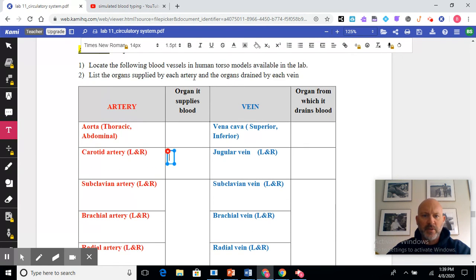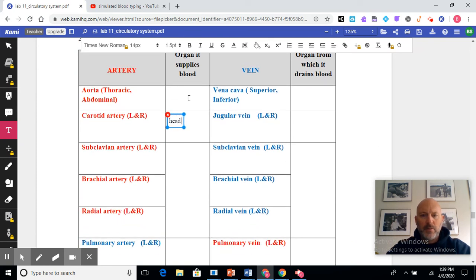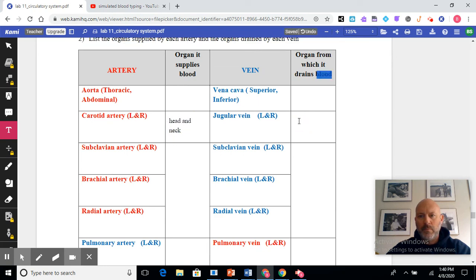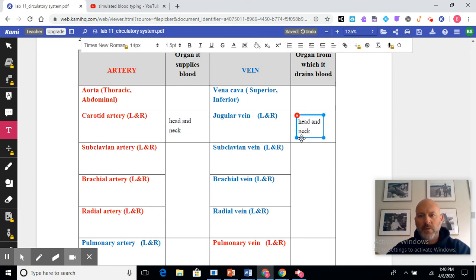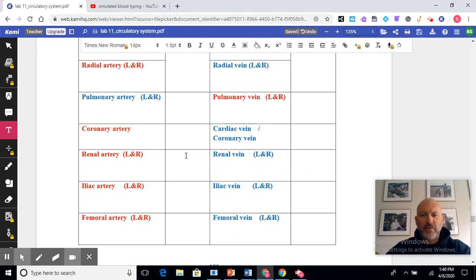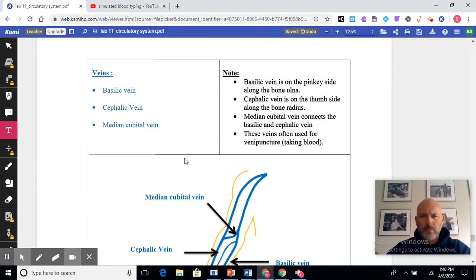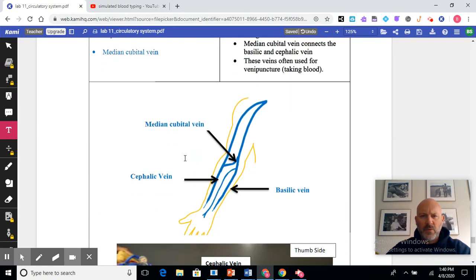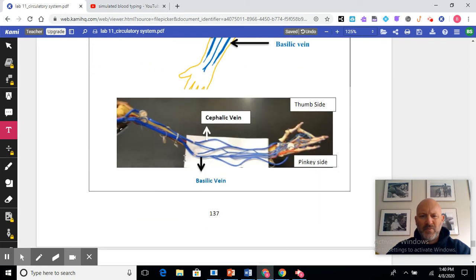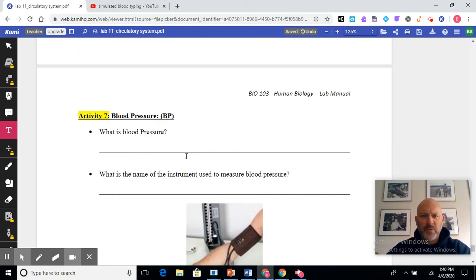Supplies blood, head, neck. And do that for all of these. And we're going to skip that part for now.